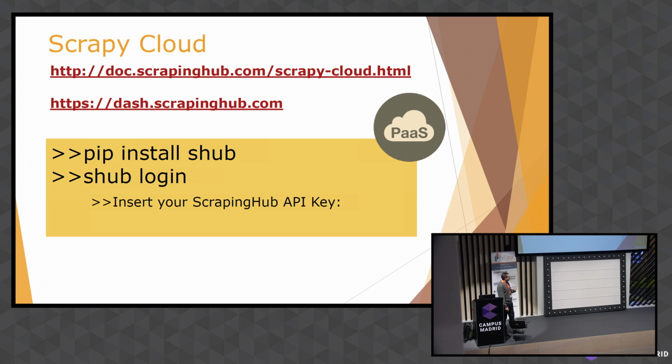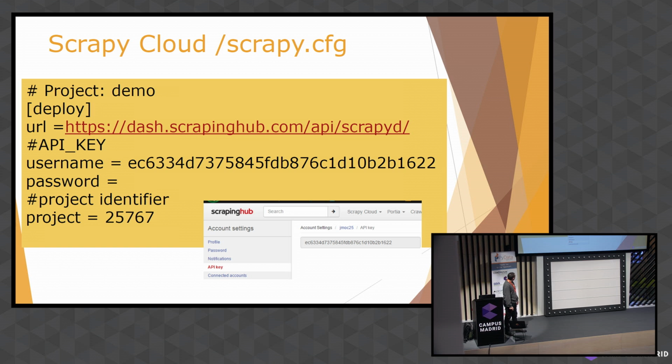For logging, we have to use the Scrapinghub API key that the site provides, and with a special configuration in the Scrapy configuration file, it enables us to run this spider in the cloud, and we can schedule and manage the same information that we have seen in our local machine. We can see this information in the cloud and manage the spider in the cloud.